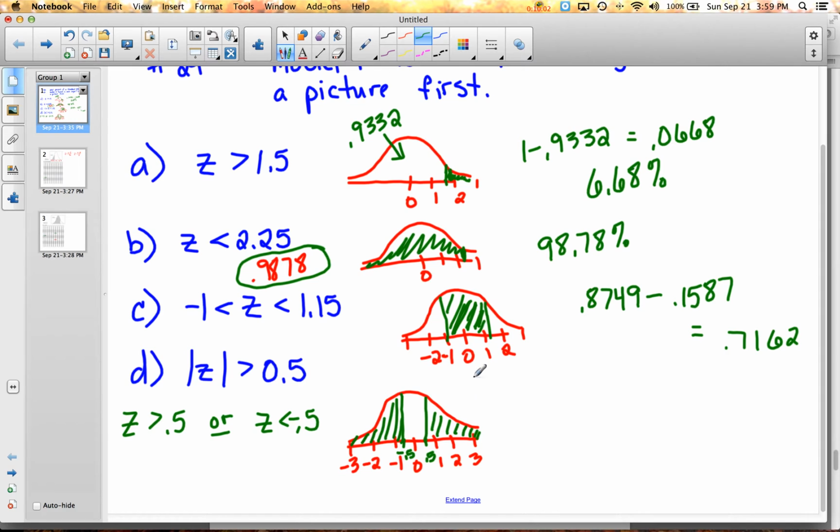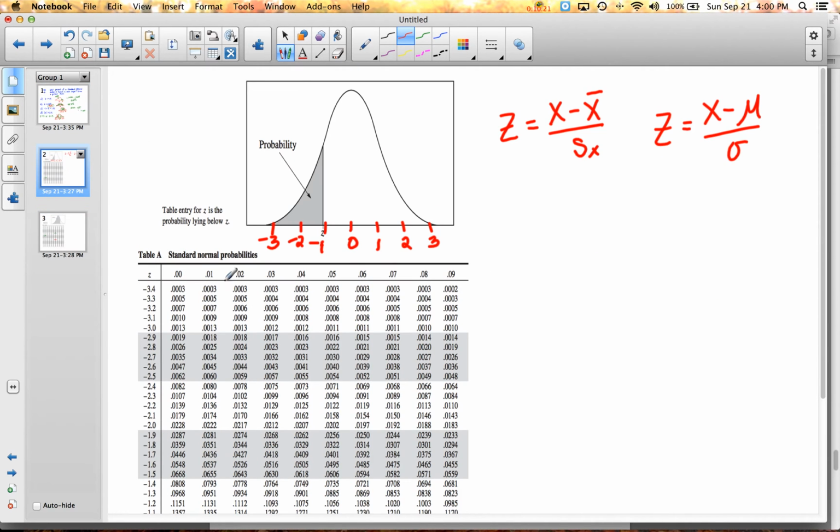All right, so hopefully you came up with a plan. On this one, we've got symmetry going on. If we know this side, all we have to do is double it. So we're going to look up negative 0.5 because then we don't have to subtract it from 1. So that's going to be this chart.